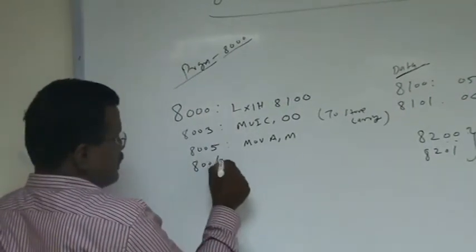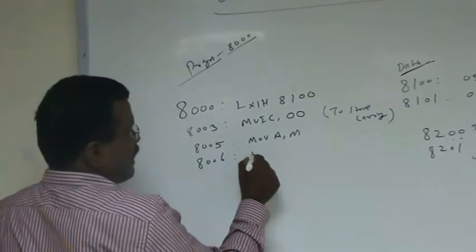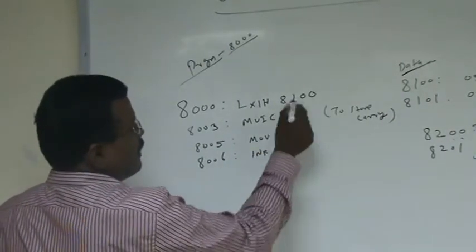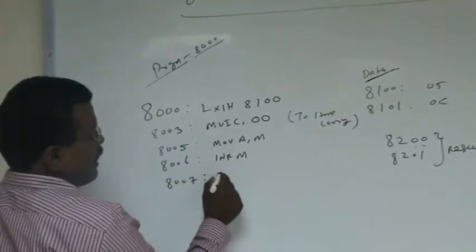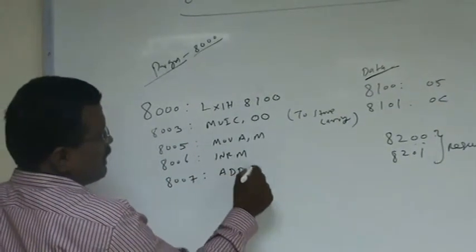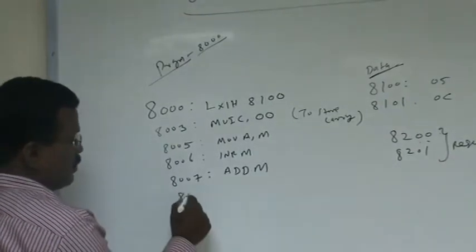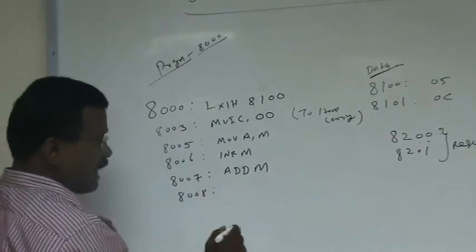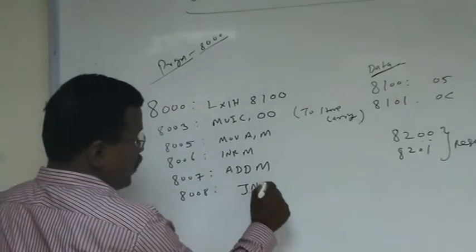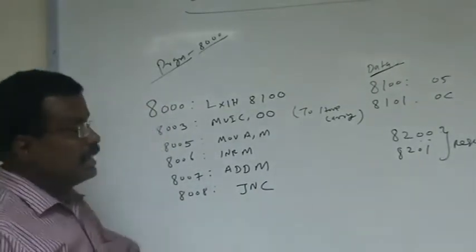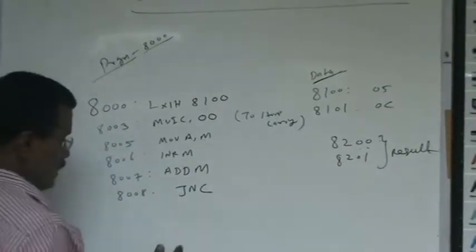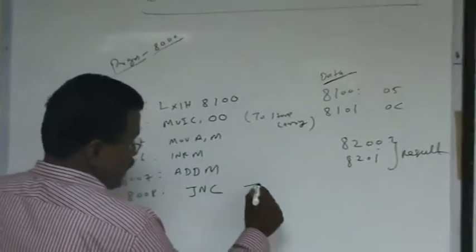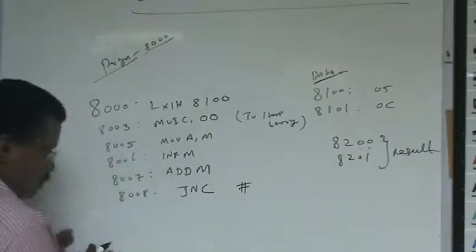In 8006, INR M, I am incrementing the memory pointer. In 8007, add M, the first data is added with the second data. In 8008, I have to check the carry flag. Jump on no carry. If there is no carry, suppose if the two numbers are 05 and 0C, there won't be any carry. Jump on no carry, it has to go to one place.